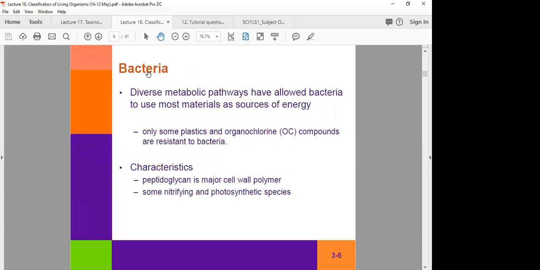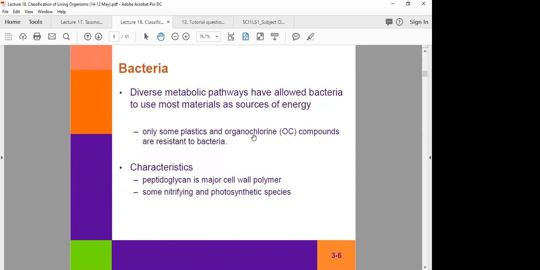All right, let's focus a bit on bacteria. Bacteria have incredibly diverse metabolic pathways, that is bacteria as a whole. And this allows bacteria to use most materials as sources of energy. There are only some plastics and organochlorine compounds that are resistant to bacterial degradation.